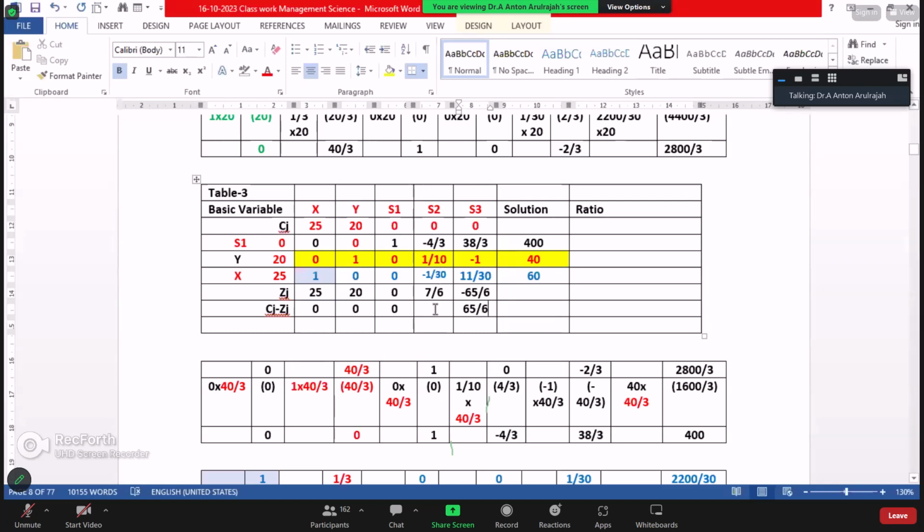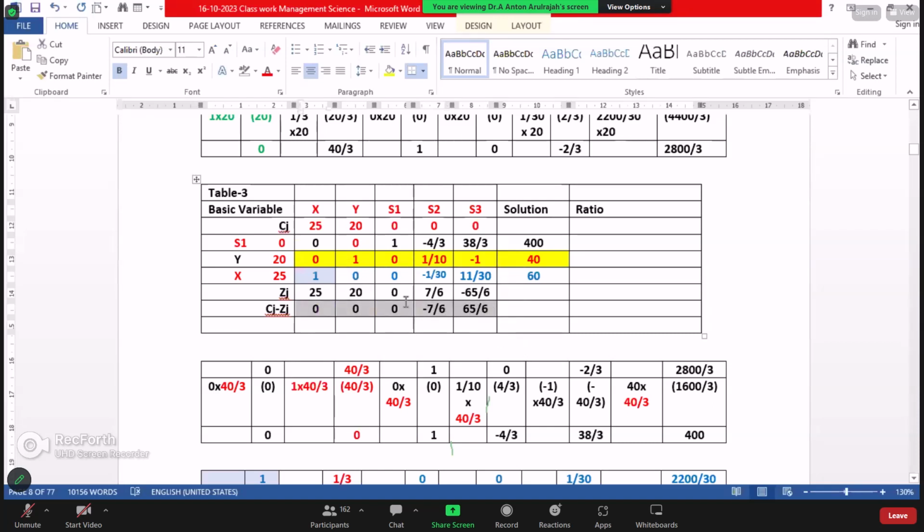Right. Here this one Cj minus Zj value. Here also 0 minus 7 by 6, so this is minus 1 by 6, right? Okay.